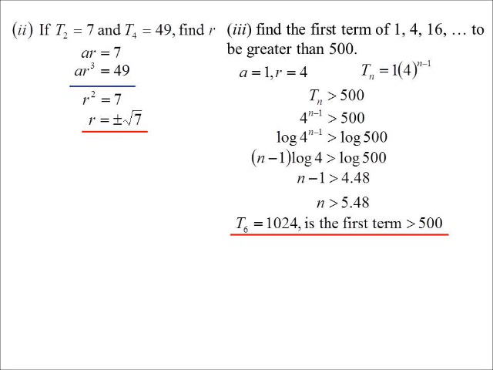Couple of things to keep in mind when you're using logs. The base doesn't matter, as long as you use the same one. Now you've got two log buttons on your calculator. You've got the one that's labelled log, you've got the other one that's labelled ln. It doesn't matter which one you use, you'll get the same answer as long as you use the same one for both. Okay.